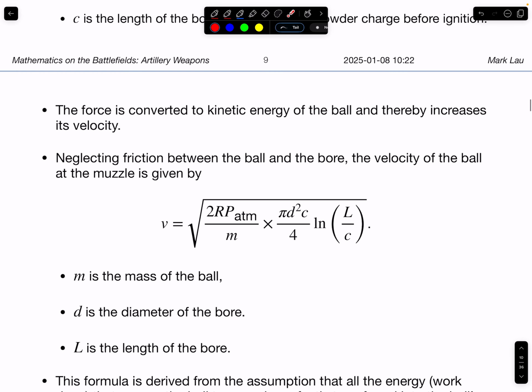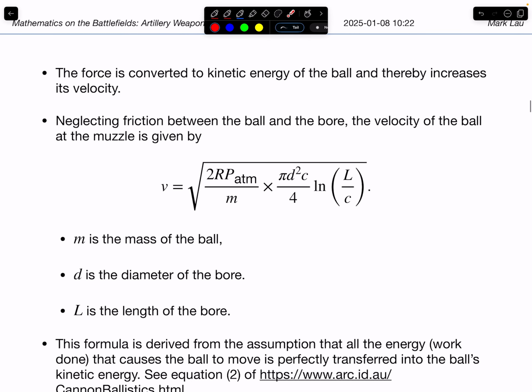Okay, anyways, the force is converted to kinetic energy of the ball and thereby increases its velocity. If we neglect the friction between the ball and the bore, the velocity is this. Okay, so we have to memorize this formula as well, and this is annoying.